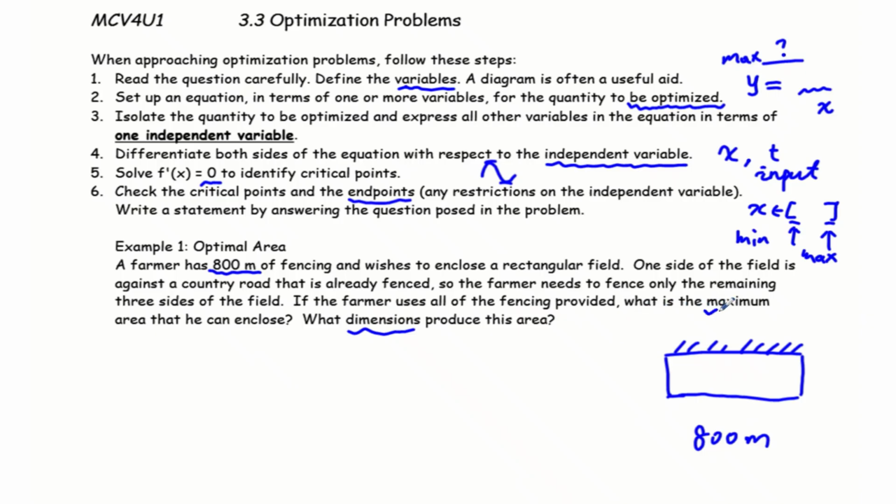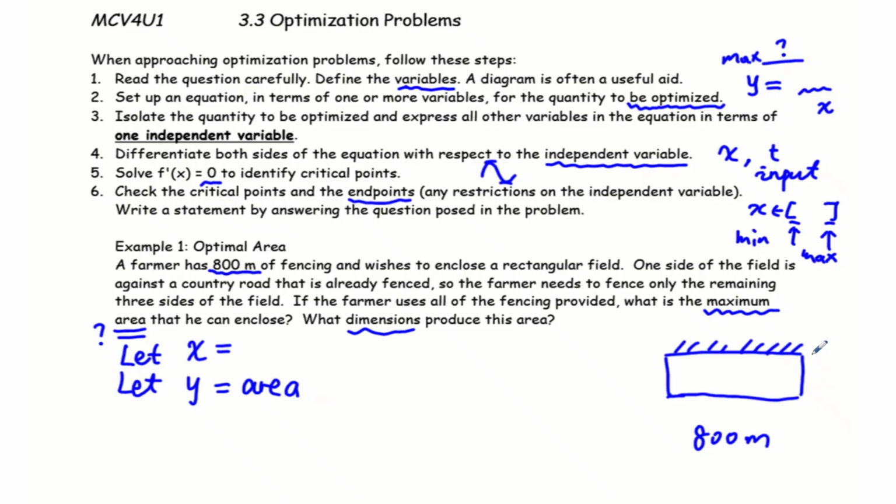So we look for the maximum area, and whatever that word is, that is our y. So let us introduce the variable y equals whatever the maximum or minimum is. And after that, we are looking for what the input is, what will help you find the area.